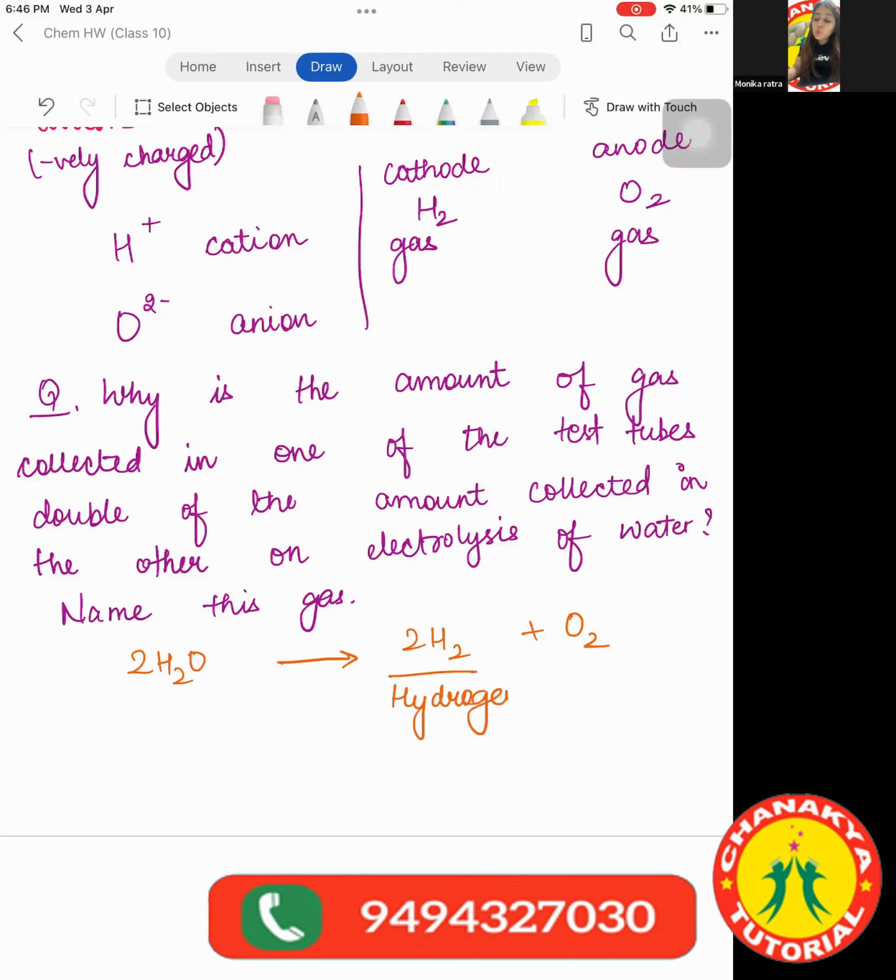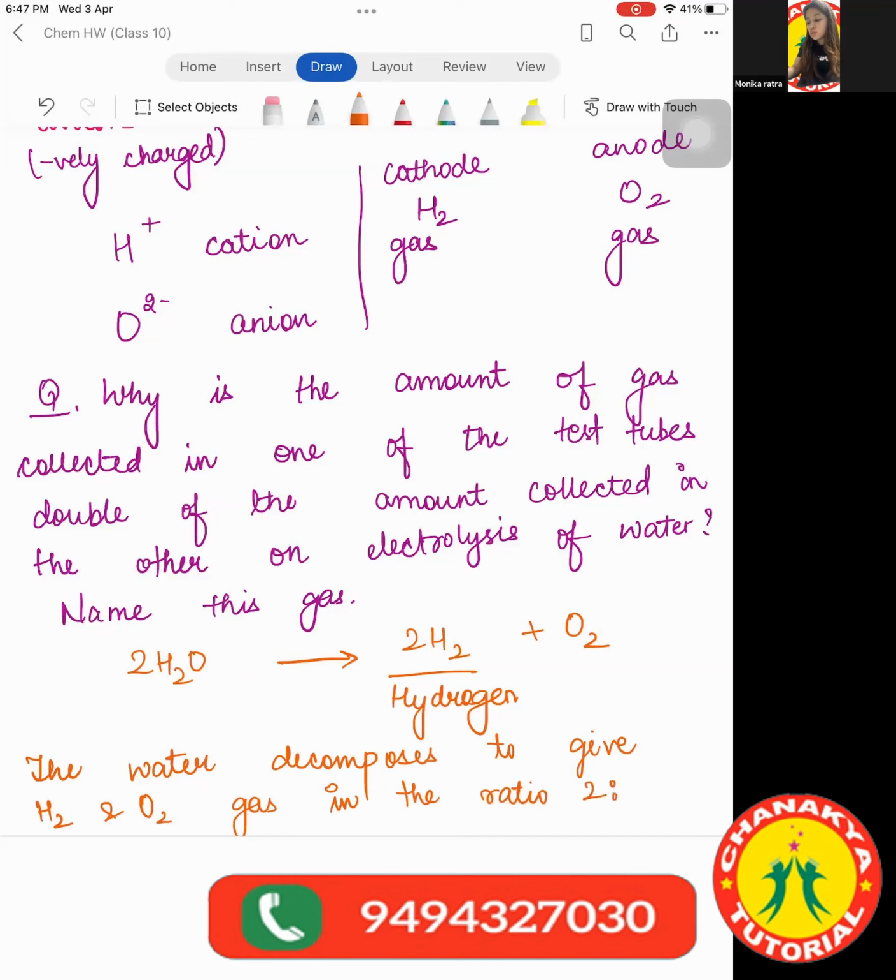Now the question is, why is the amount of gas collected in one test tube double the amount of the other? The reason for this is the water which decomposes. The water decomposes to give hydrogen and oxygen gas in the ratio 2:1 by volume.